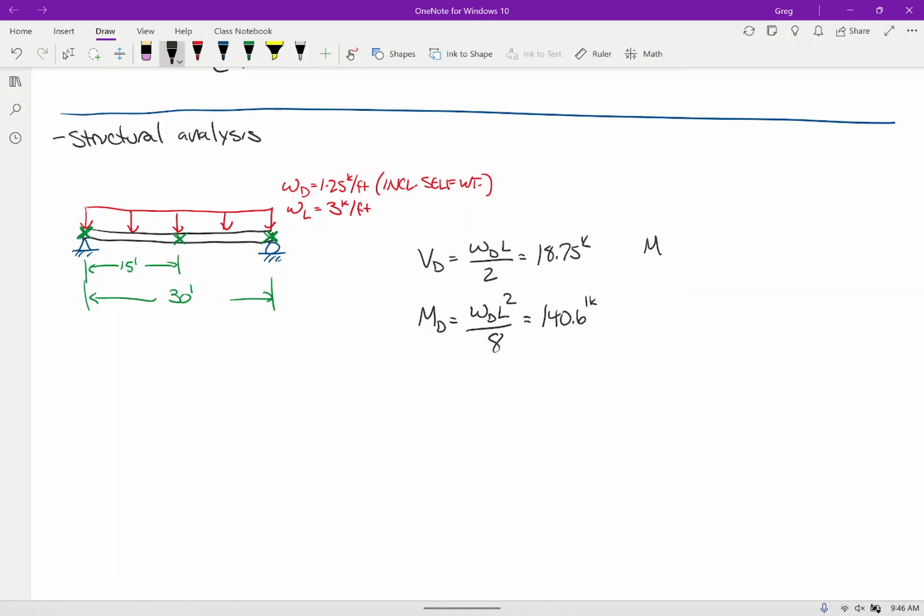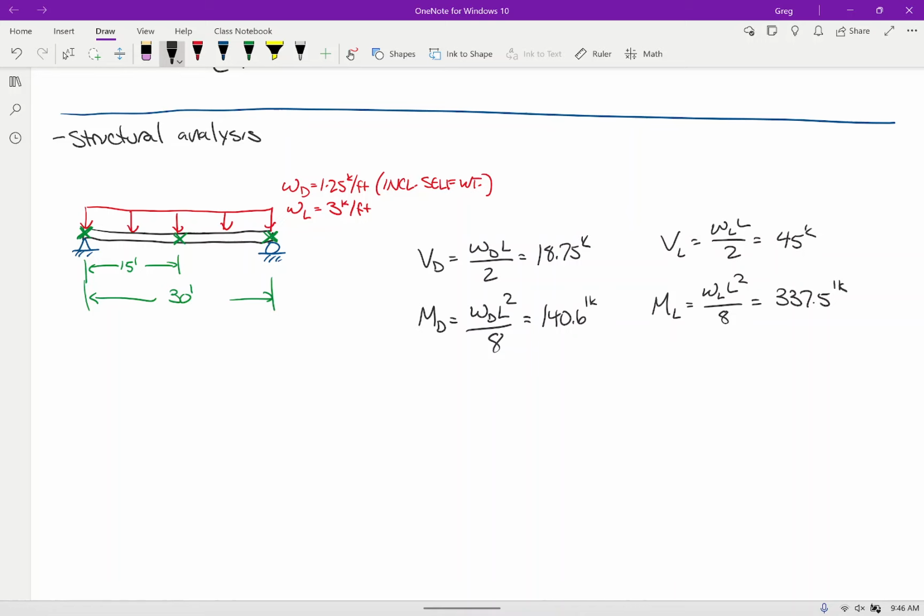And then same thing with the live load. This is 45 kips. So we have our dead load and our live load.